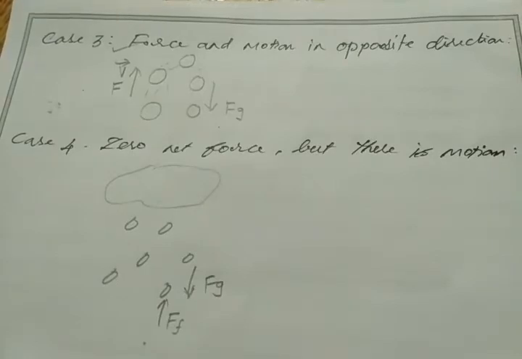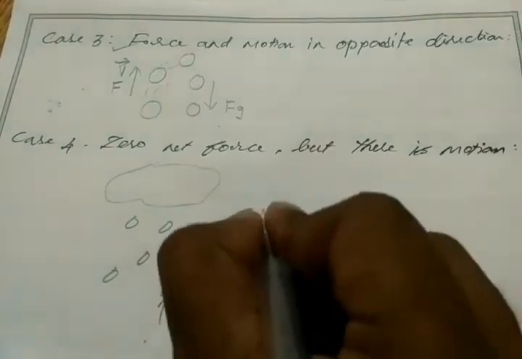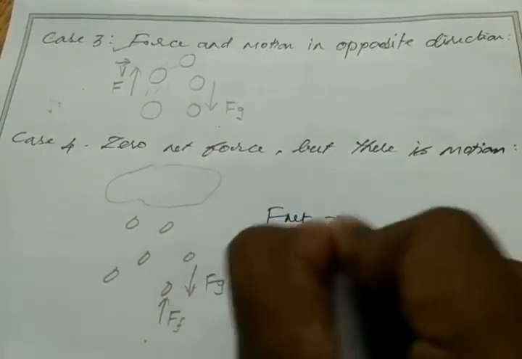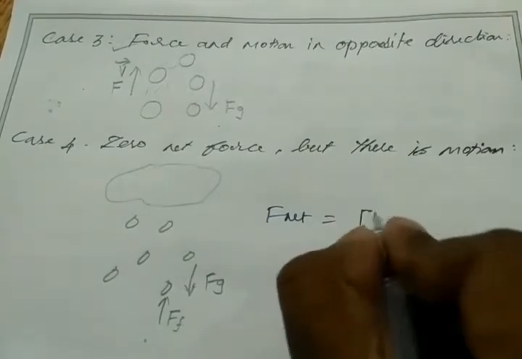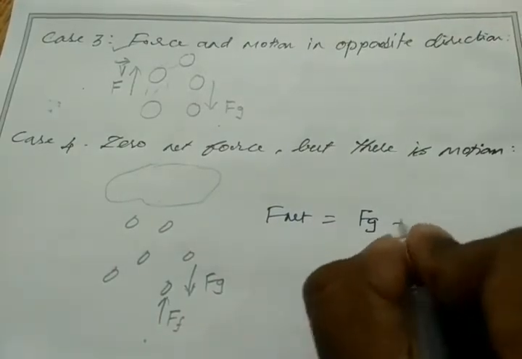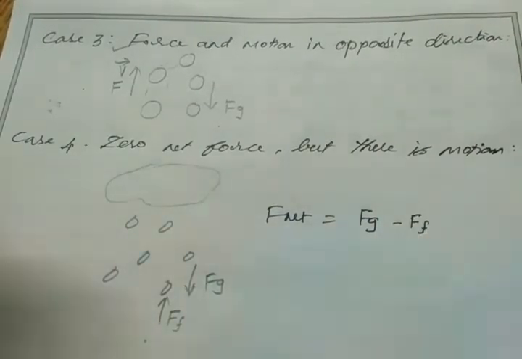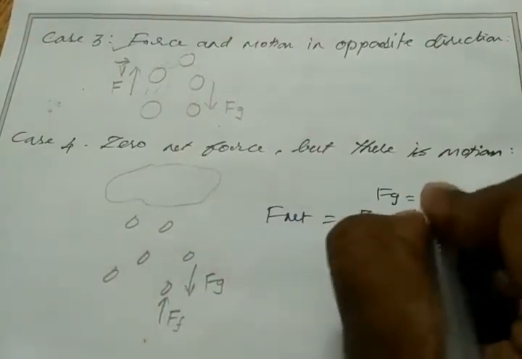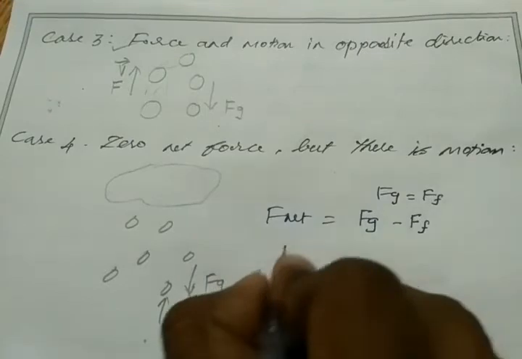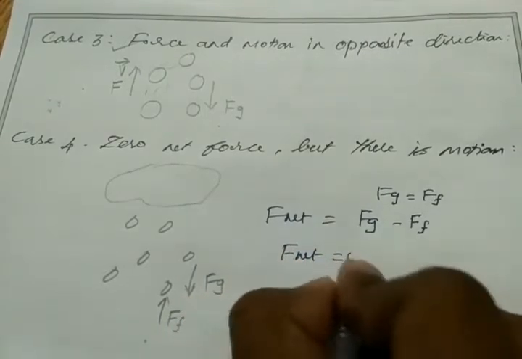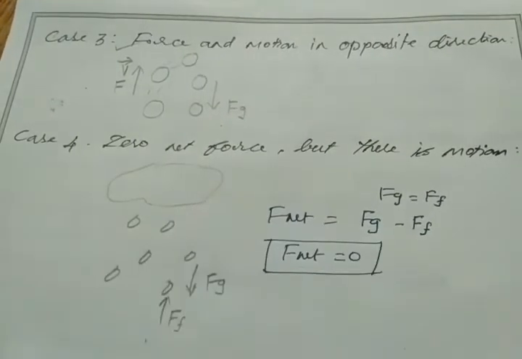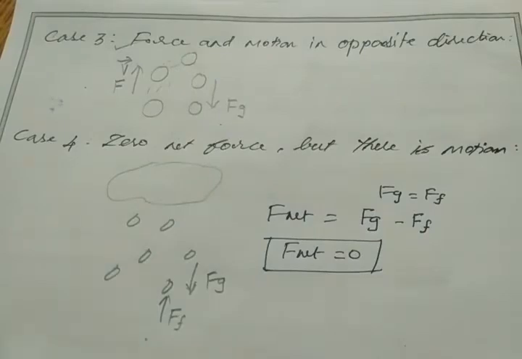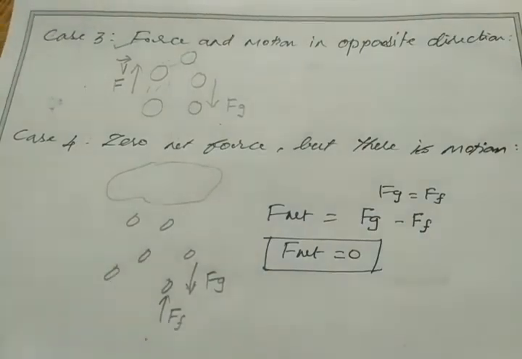If you take the total net force, F net will be equal to Fg minus Ff, the frictional force. If Fg equals Ff, then F net will be 0. So there is zero net force even though the raindrops move.